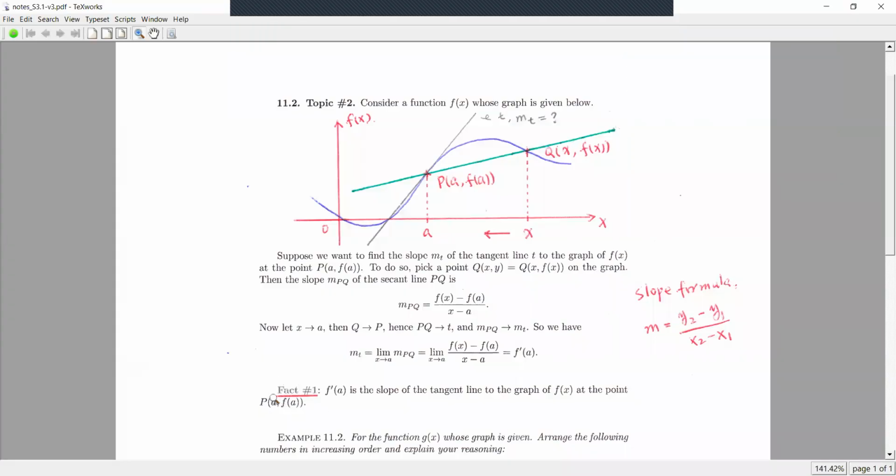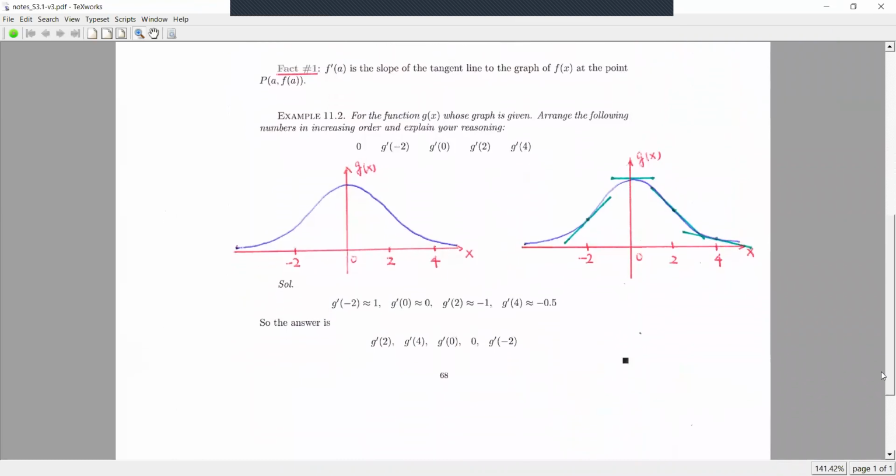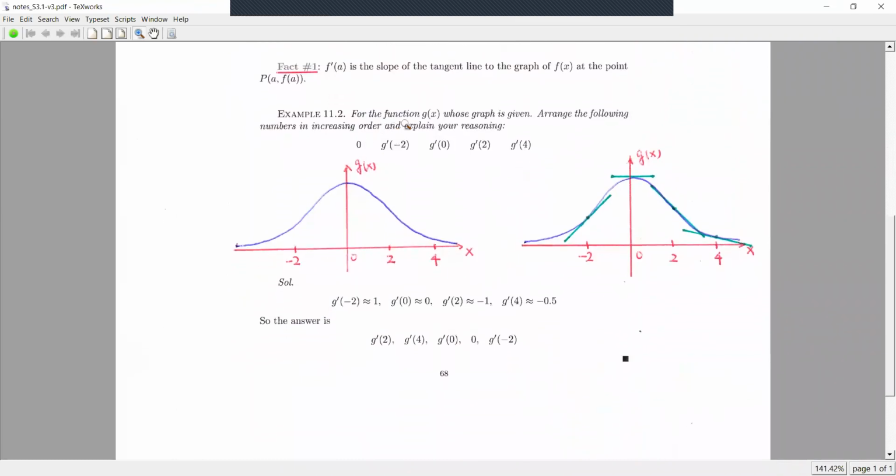Now, I show you some examples about this fact. Example 1. The graph of the function g is this blue curve. Now the question is, arrange the following numbers in increasing order and explain your reasoning.